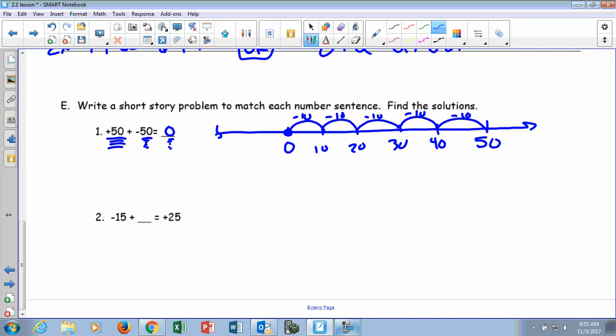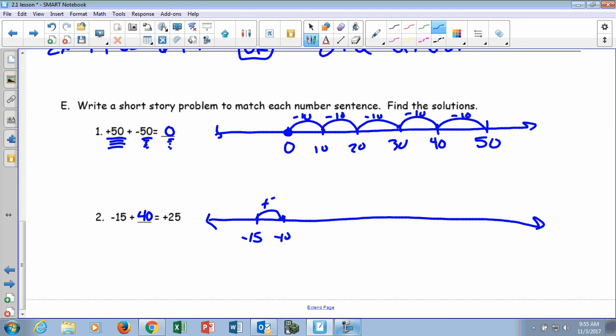What was your answer for the fill-in spot for number 2? Negative 15 plus some number gives you 25. 40, right. Because if I show this on a number line, where's our starting point? Negative 15. So if I go up to negative 10, I just increased by 5.